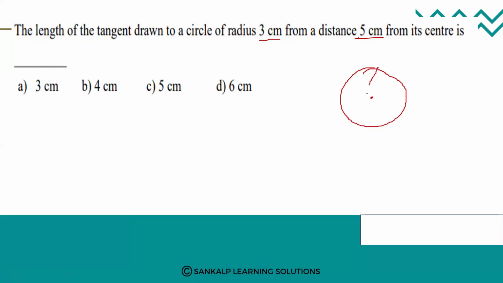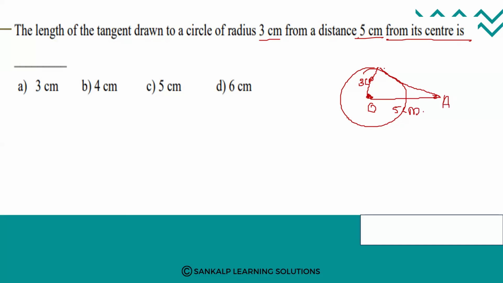Yes, so radius they have given, that is 3 centimeter, and 5 centimeter from its center. That means this is a center and this is 5 centimeter from the center. Okay, the distance is 5 centimeter from the center.